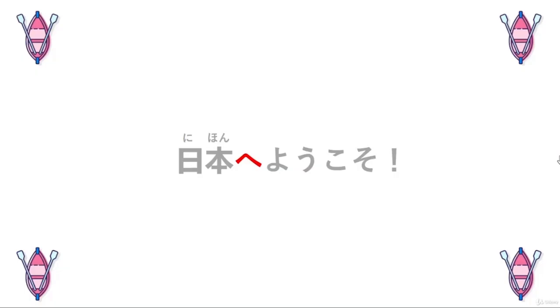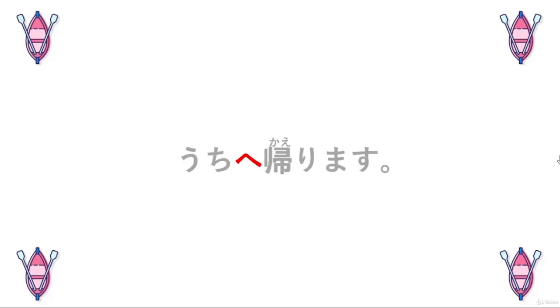You couldn't use any other particle here. It would be a mistake. So we couldn't use particle ni here. 家へ帰ります。家 home. 帰ります will return. Okay, so I will return home. Here you could also use particle ni. Both would be okay in this situation.